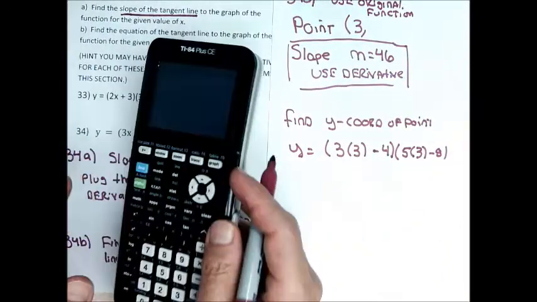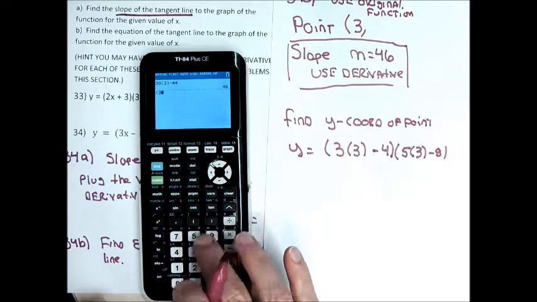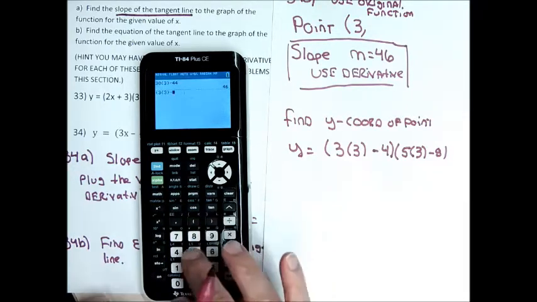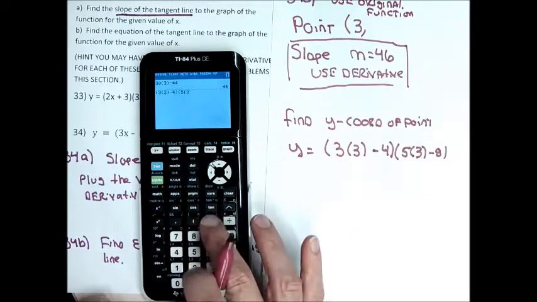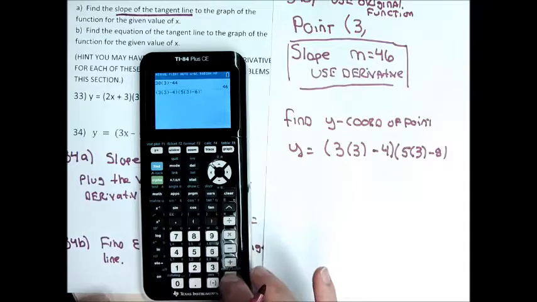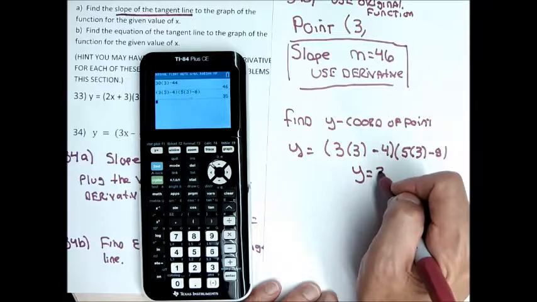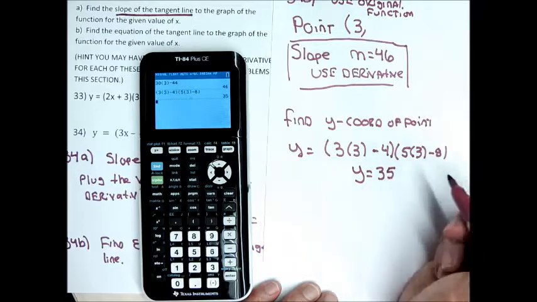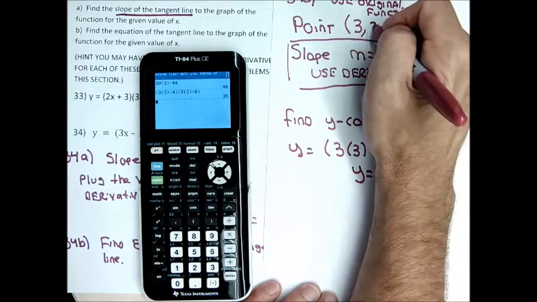I'm just going to do this on my calculator because I feel like I'm going to make a mistake if I don't. So I'm going to go 3 parentheses 3 minus 4 parentheses 5 parentheses 3 minus 8. And I get y equal to 35. So that's the y coordinate of my point. That's right. So I'm going to write that up here.